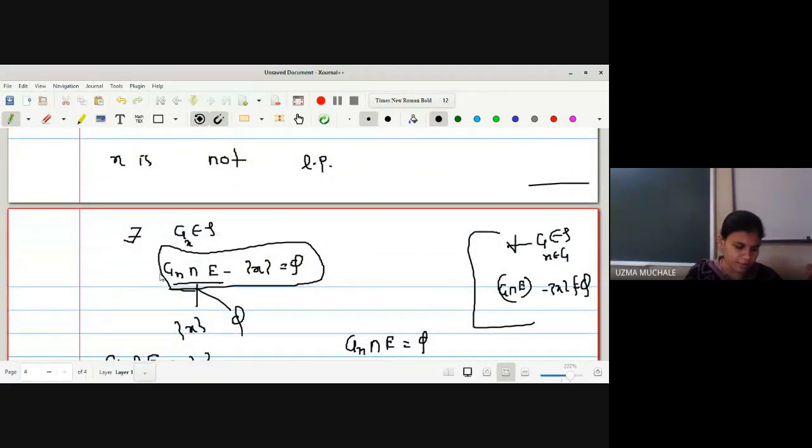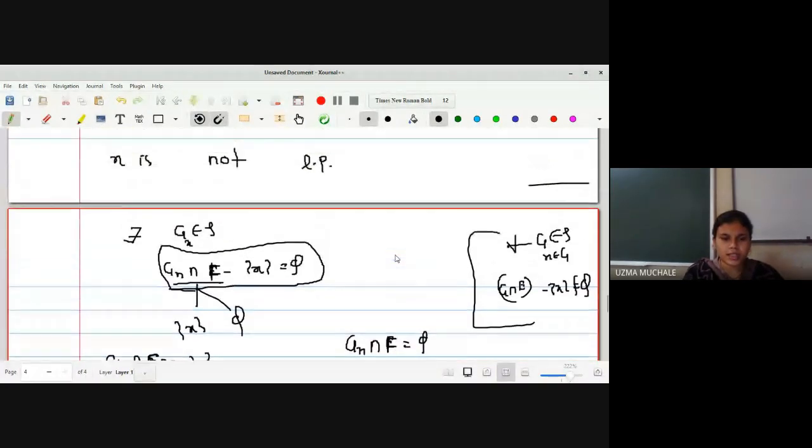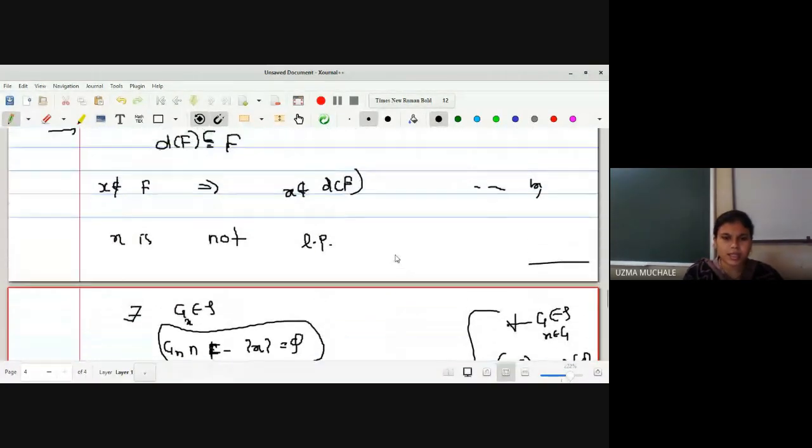Instead of E, let us take it as F itself because we are doing the discussion for F. For this set we are checking Gx intersection F minus singleton X is unempty.